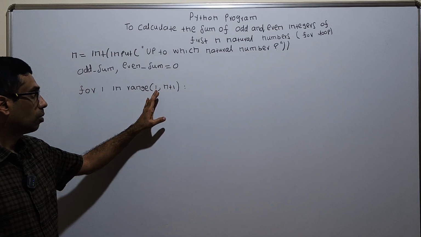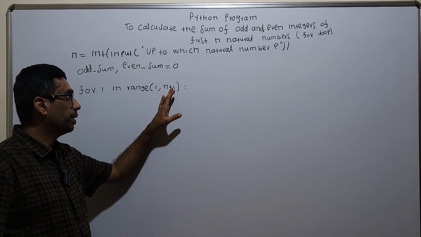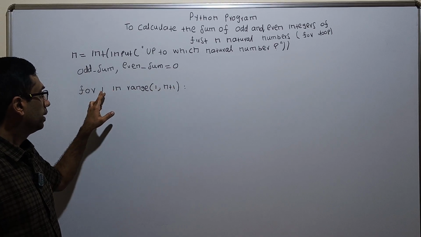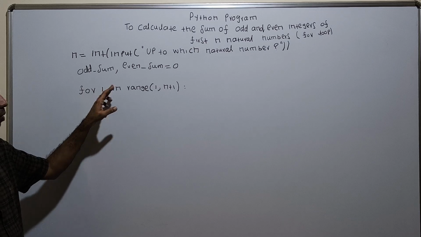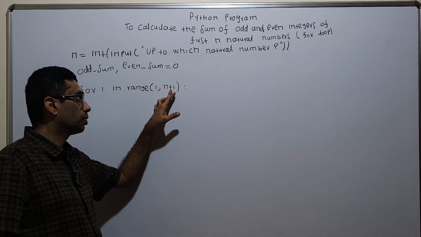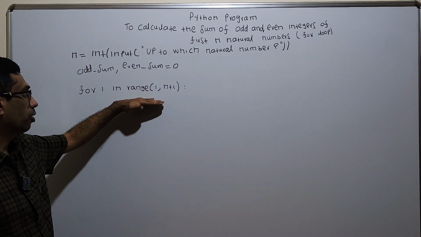So I am giving 1 comma n plus 1. That means a list will be generated from 1 to n. So the variable i will take the values one by one. So the loop will get executed 1 to n times. So for this I have written the for loop.